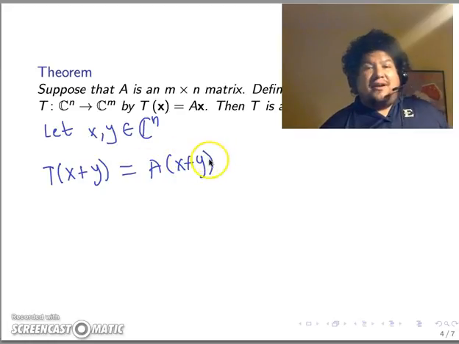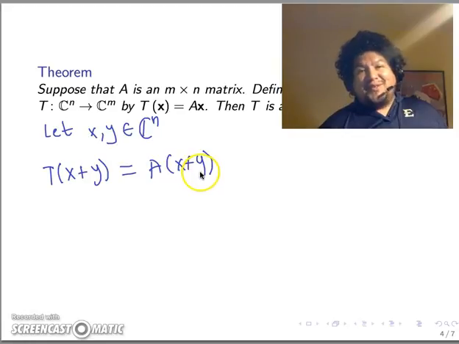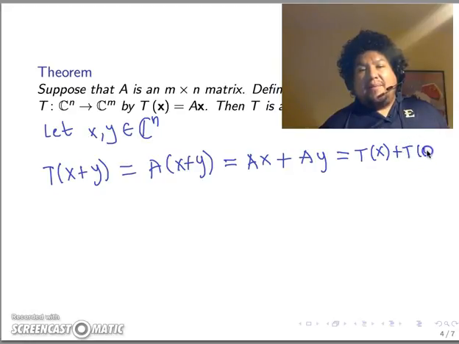And this follows from properties of matrix vector multiplication: this becomes A multiplying the vector x and A multiplying the vector y, and each of these is, by definition, the map acting on x and the map acting on y.